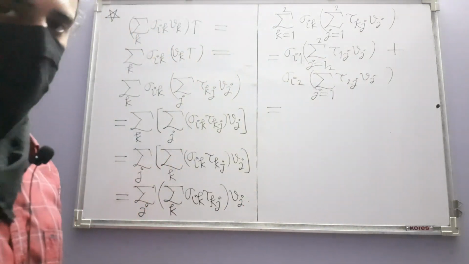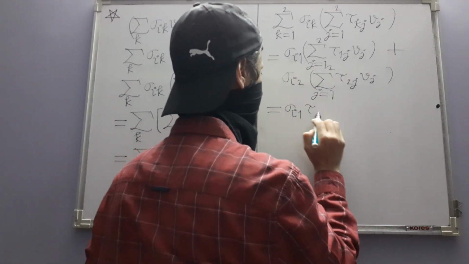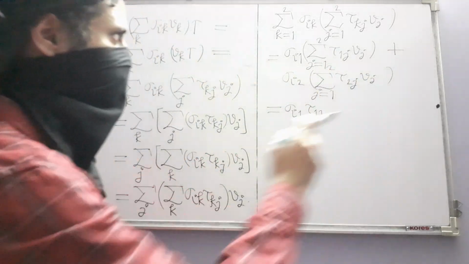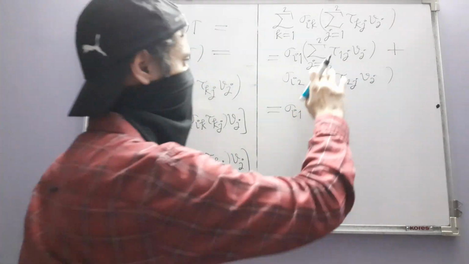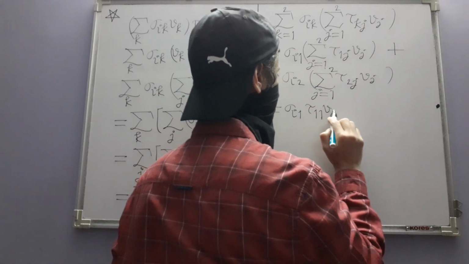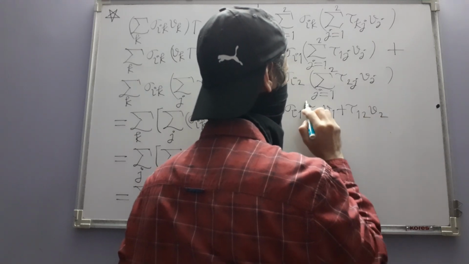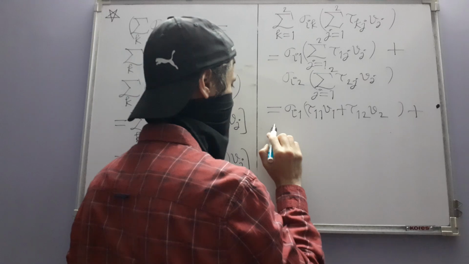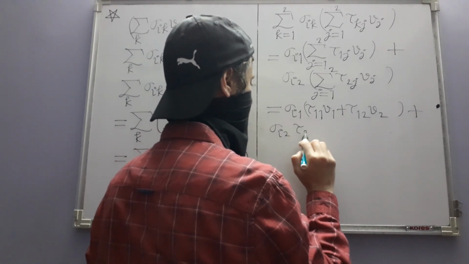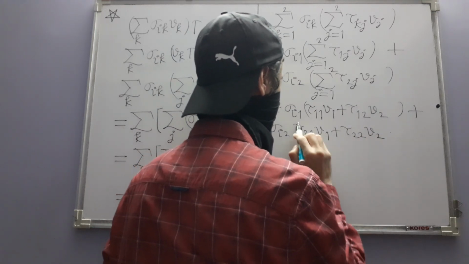But these themselves are also sums. So sigma i1 tau 1 1. Now you write this sum out fully by varying j. This is 2, the upper bound of the sum. Tau 1 1 v1 plus tau 1 2 v2, plus sigma i2, tau 2 1 v1 plus tau 2 2 v2.